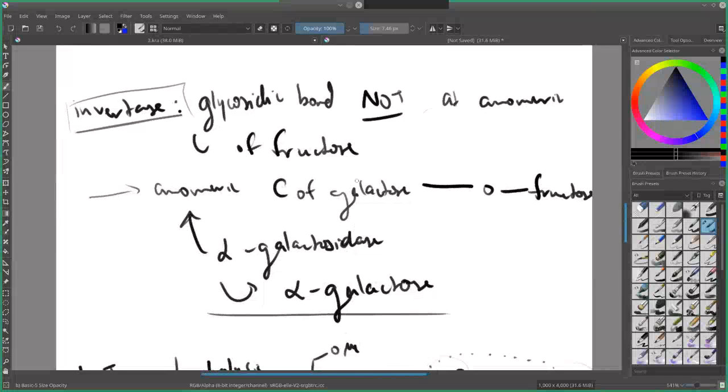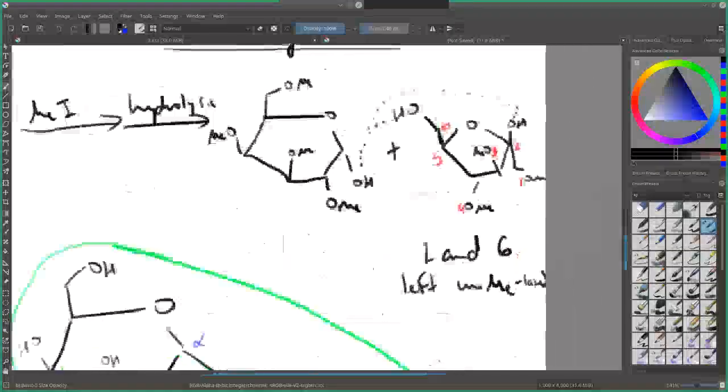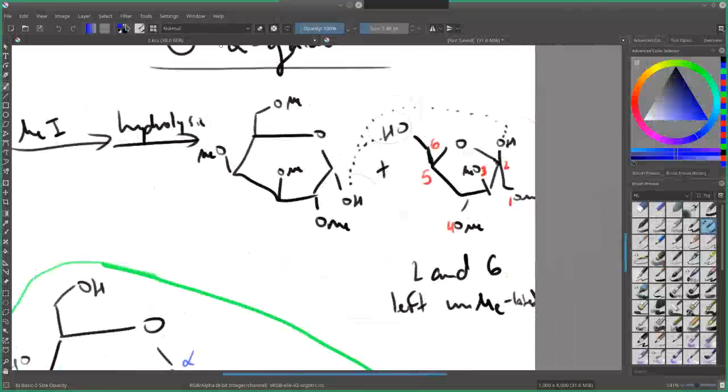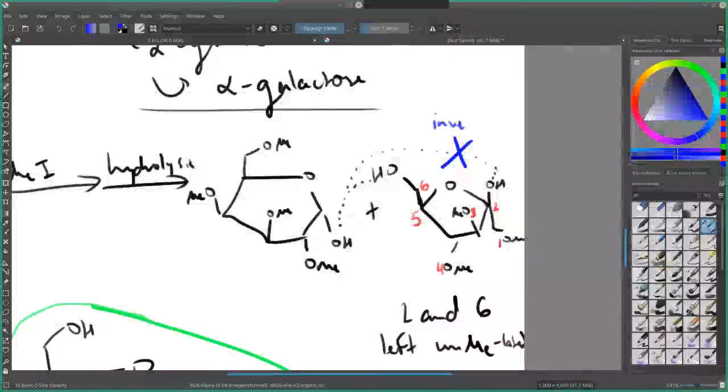Okay, so this invertase tells us that this won't happen, because if it did, then we would have a sugar-sugar bond at this anomeric carbon, and then it would be affected by invertase. So it has to be at this other one.